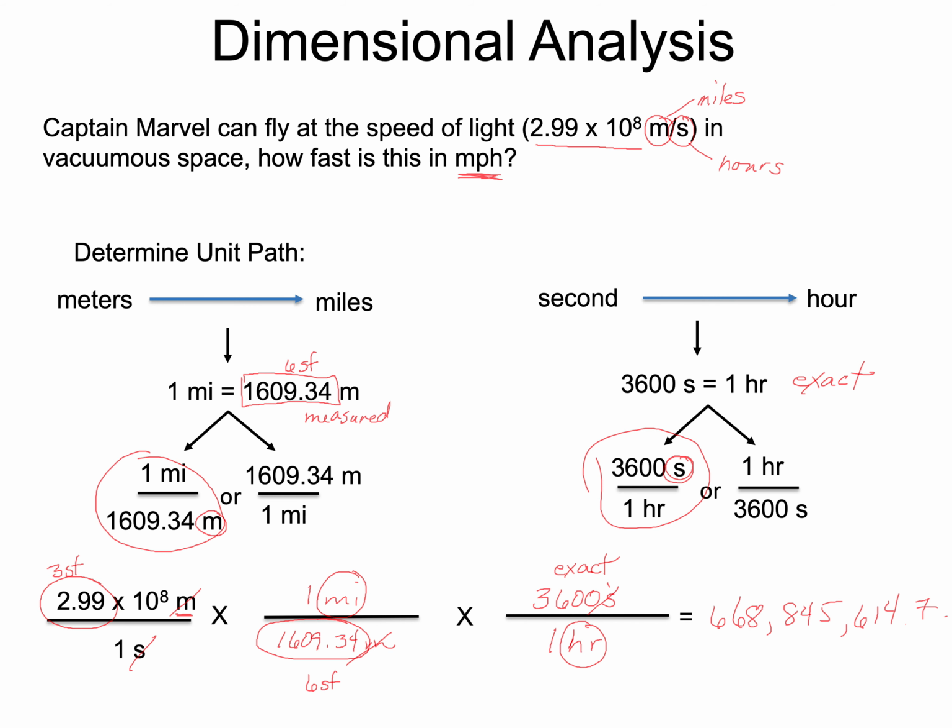Since we're doing multiplication and division, we're going to go with the lowest one. That means 3. So we're going to go 1, 2, 3. Everything beyond that then gets used to round this previous number. So that's 669, and then it's 0, 0, 0, 0, 0, 0, and then that will be miles per hour.